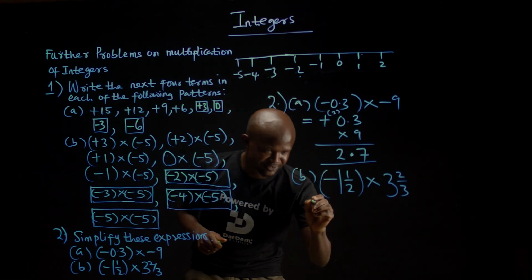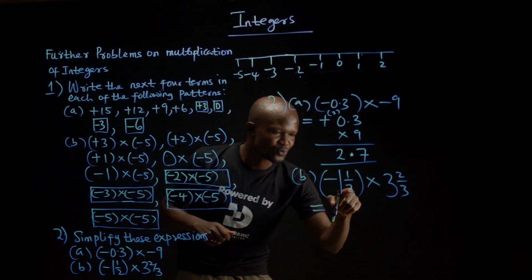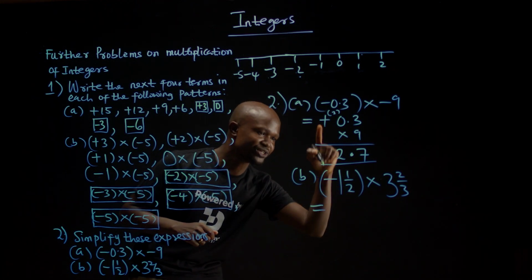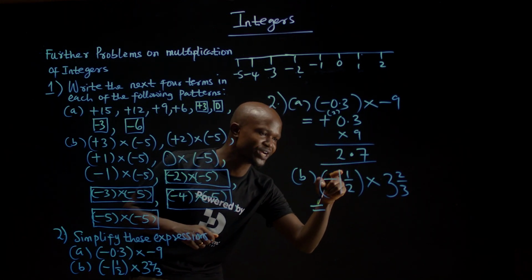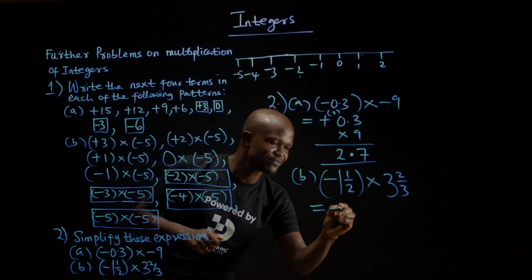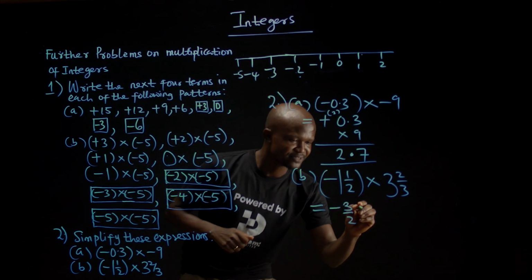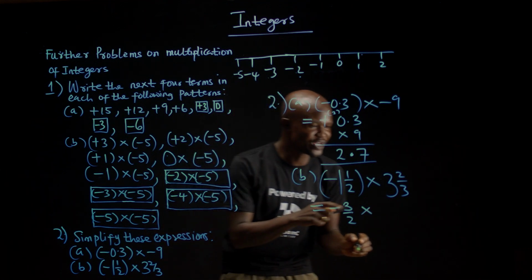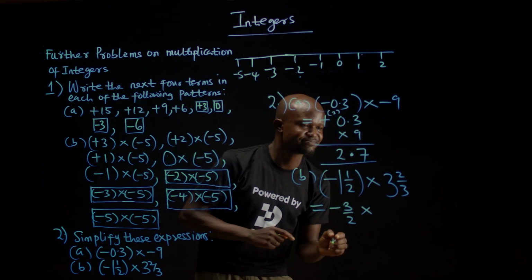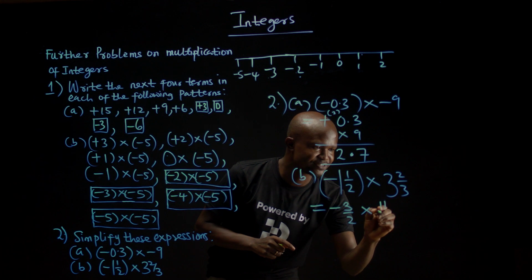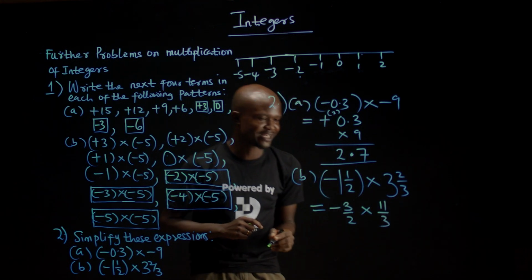Let's do that. 1 times 2 is 2, plus 1, what do we have? That's 3. So we have minus 3 over 2, times 3 times 3 is 9, plus 2, that's 11. So we have 11 over 3.